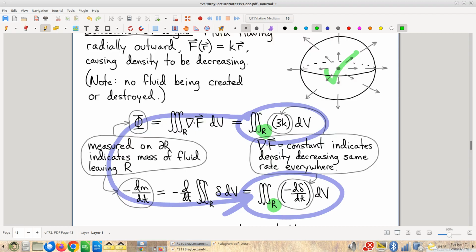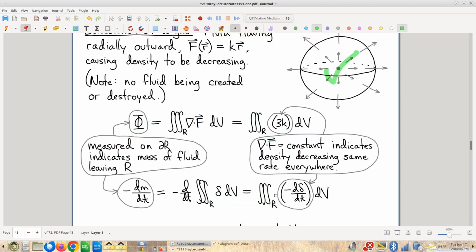Come on. There's only one way that's possible, and that is that the integrands must be the same, and so that means that we have an interpretation of divergence in this context. In this different kind of fluid, divergence, whatever that ends up being, is telling you the negative of the rate of change of the density of the fluid.